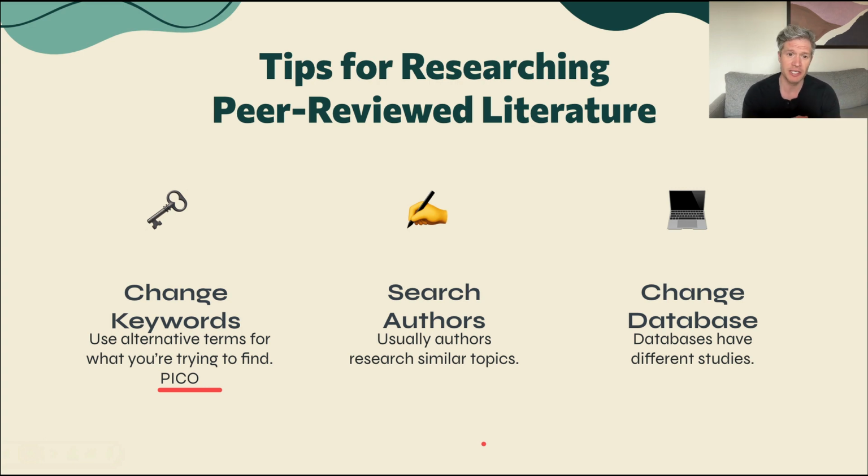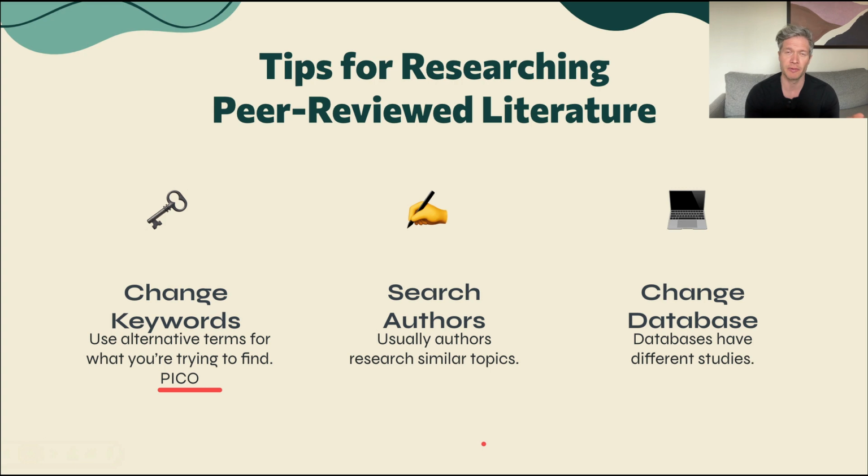The second tip is going to be researching authors. So if you find a particular study that seems really great, right in line with the content you're trying to find, look at the main authors of that research, and it's usually the first author listed in a peer-reviewed study.